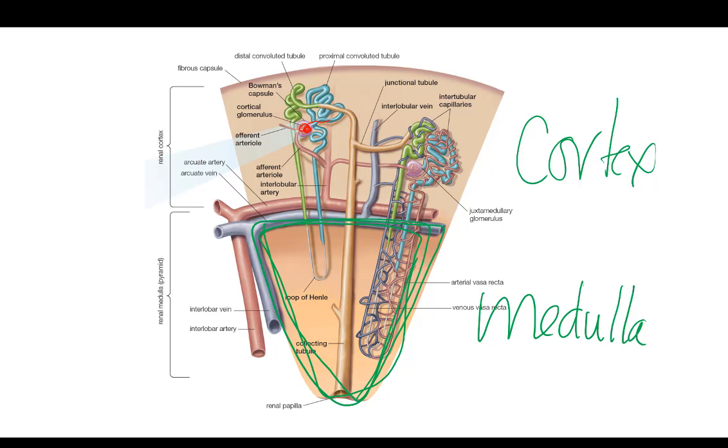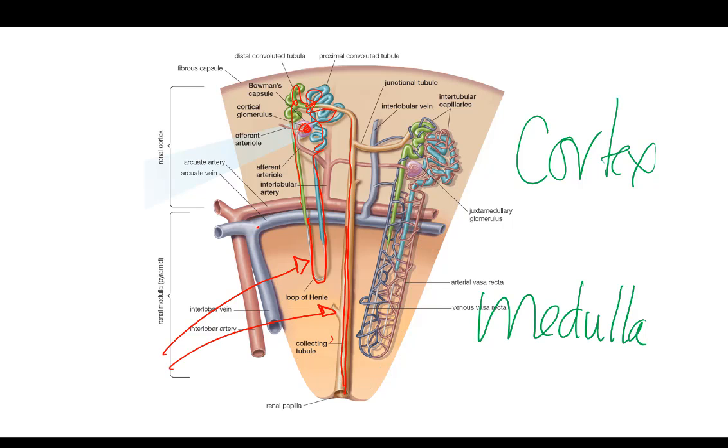We can see the blue proximal convoluted tubule and how the loop of Henle dips down, and then we go into the green distal convoluted tubule. So the part of the nephron that's actually in this pyramid is the loop of Henle. But I also included this collecting duct because it's in both. That is also in the pyramid. So the collecting tubule as well as the loop of Henle can be found within the pyramids of the medulla.